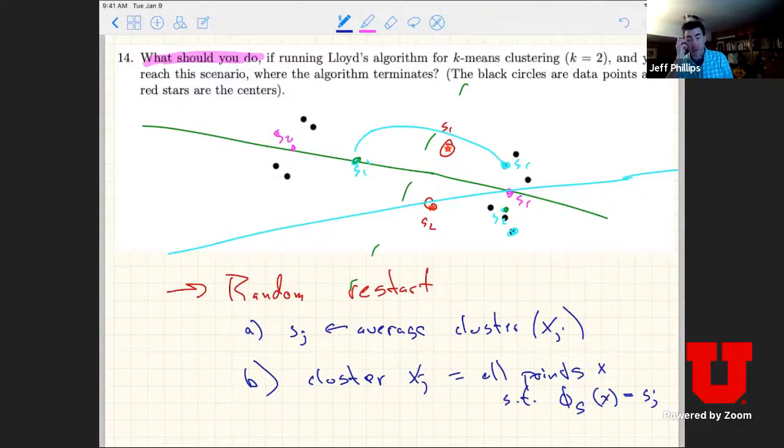So all the points that are closest to the jth center are going to be assigned to cluster Xj. And I just repeat these two steps, and that's Lloyd's algorithm. You should understand what both of these steps do, and you should be able to answer questions about this sort of clustering. And clustering is much broader, but this is what we focused on in this class. Okay.